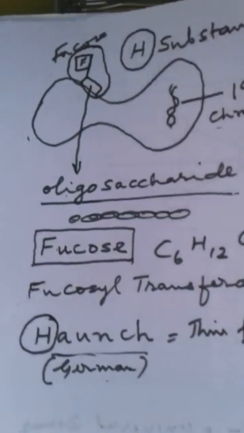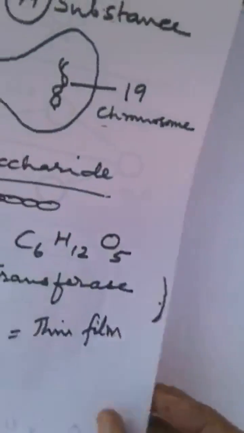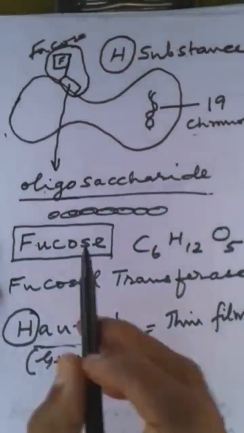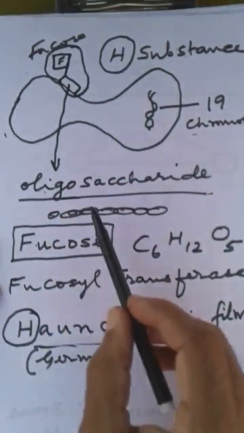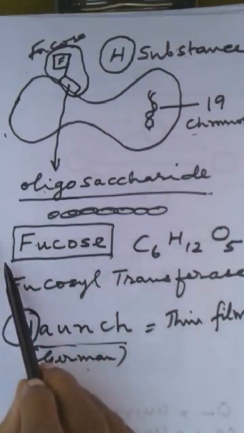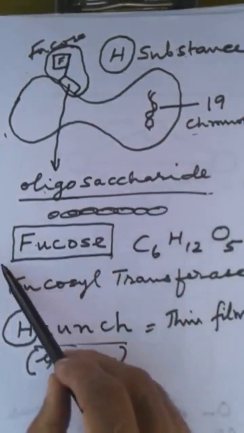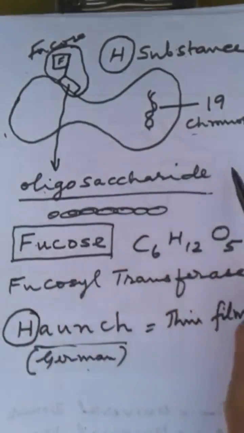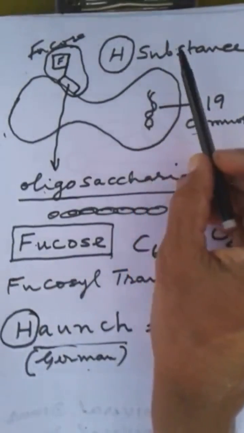Now we will go to step number 3. Here, step number 1 was oligosaccharide, which is already seen. Step number 2 is addition of fucose to the oligosaccharide. So this combined molecule is called H substance.